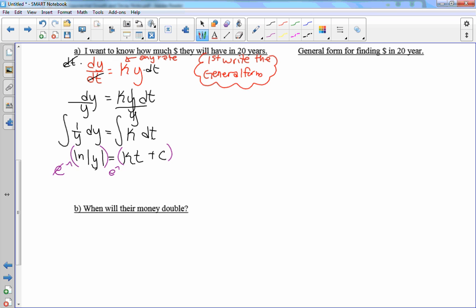So the e and the natural log cancel out, leaving just y equals e to the kt plus c. Okay, I'm running out of room, so I'm going to do my little arrow.